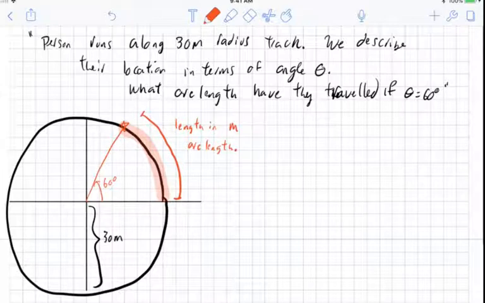There's a trick, and it's old, but it makes a kind of sense. The idea is we're going to use proportional reasoning. What portion of the circle have they gone around? What percentage of the circle have they gone around?